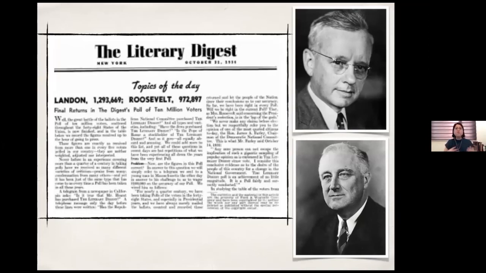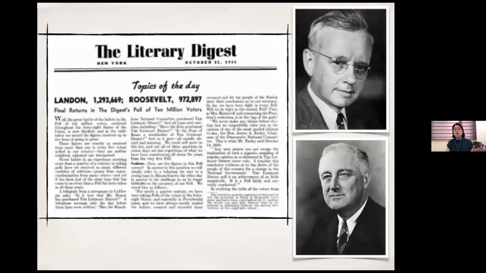So for the 1936 presidential election, they made a poll. In that poll, Landon won with 1,293,669, whereas Roosevelt had 972,897. It was a very big difference.